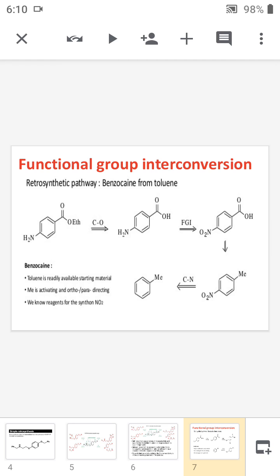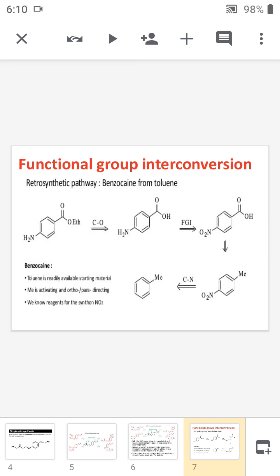That's why we have to do a functional group interconversion of the most reactive NH2 group into NO2, using reduction. And after that we have to do the oxidation by converting the methyl group to acid. And after that we have to disconnect to toluene. So this is the retrosynthetic analysis of benzocaine, which is very important because in this chapter we have to study the retrosynthetic analysis of benzocaine in a separate portion.